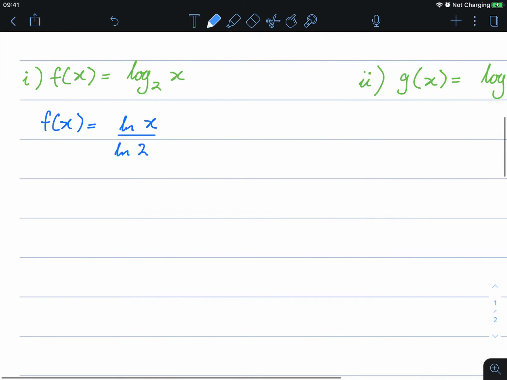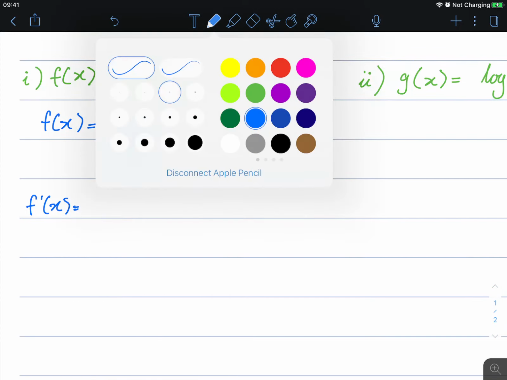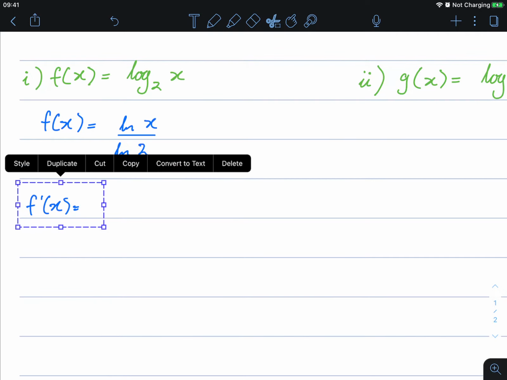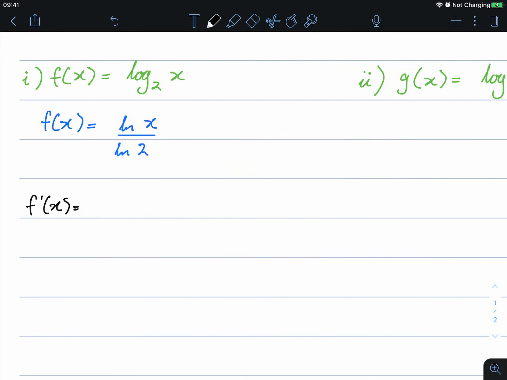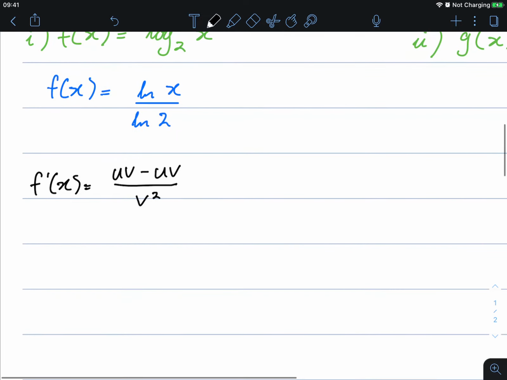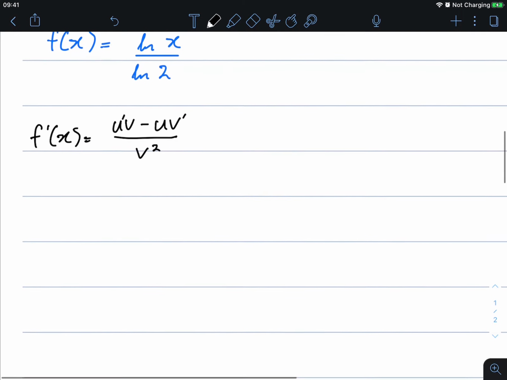To find this derivative, think of this somewhat as a quotient rule. Let's do this in black as a rule. So this is going to be u prime v minus u v prime over v squared. So this becomes, differentiate the derivatives of u and v.